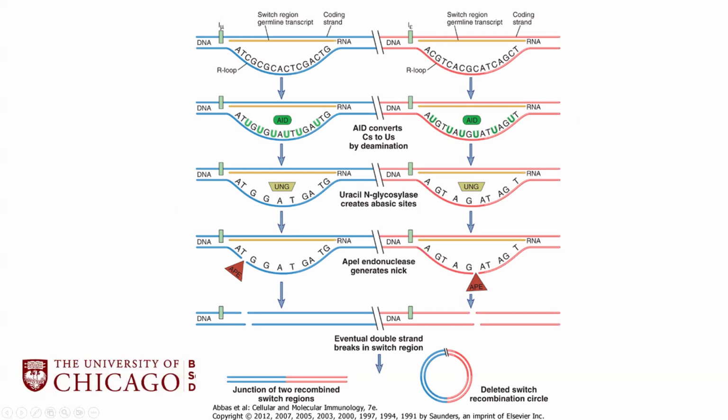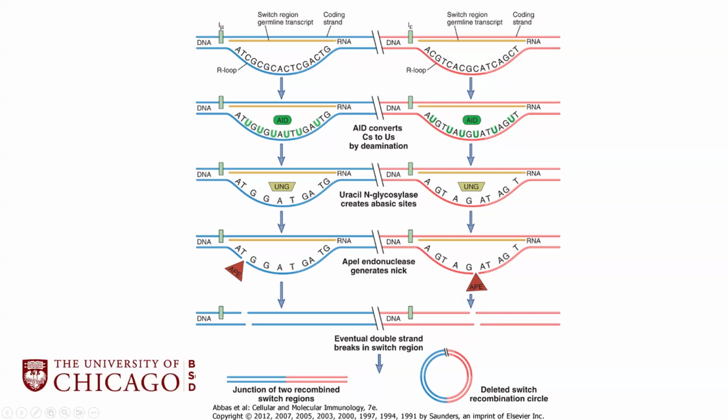So as soon as we know we want to switch from mu to a different constant region, AID comes in and it's switching all of these C's to U's. And then the enzyme comes and it actually pops out all the U's. And then APE1 acts in the nucleus to actually cause this break. And then you can get a rejoining.